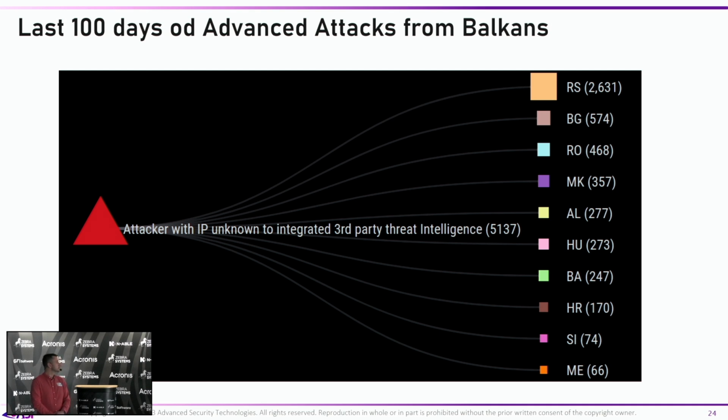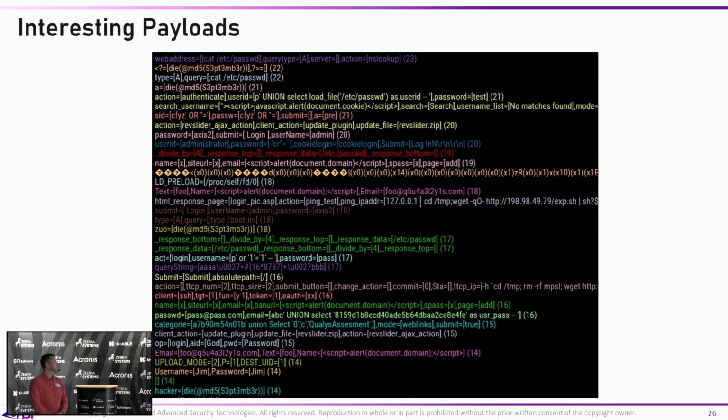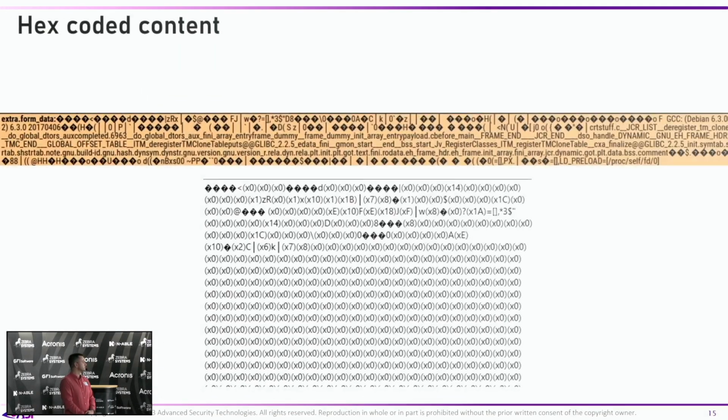This is just a statistic from attacks on the Balkans. So these are the interesting payloads that attackers try to get, let's say, password from get etc password or so on.